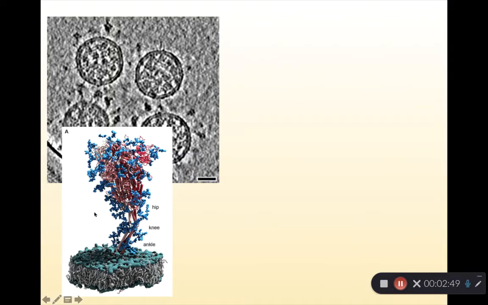This is an image of the actual protein makeup of one of these protein arms and what that looks like. Biologists and structural chemists have been able to go in and look at what each individual molecule is doing and how that creates these little arms. These arms are ultimately important for how the virus enters the cell.